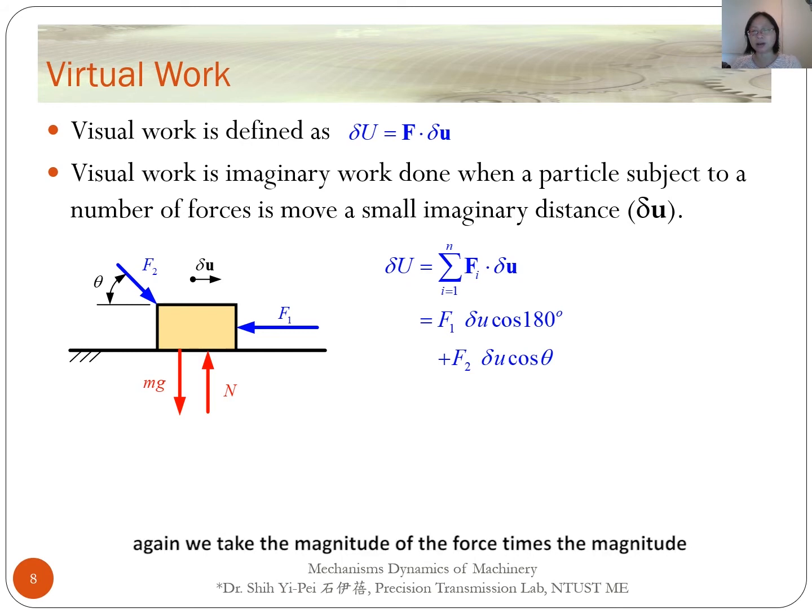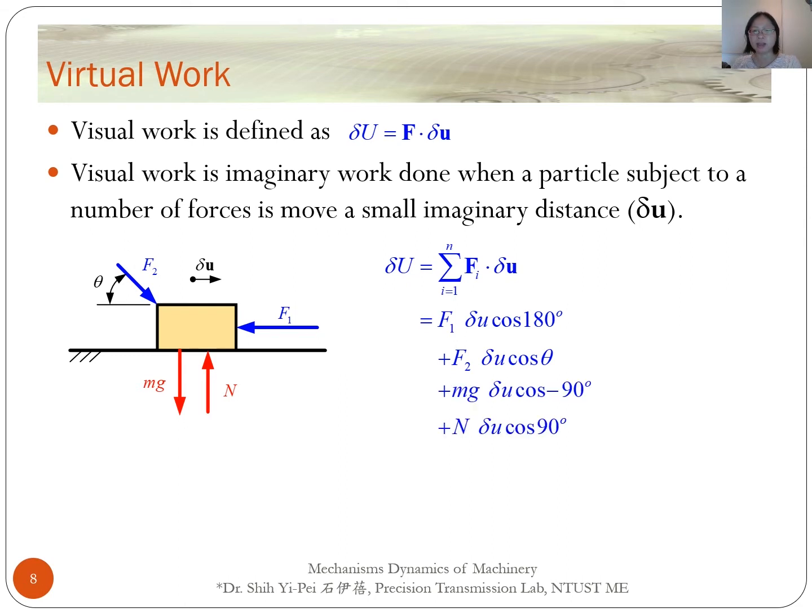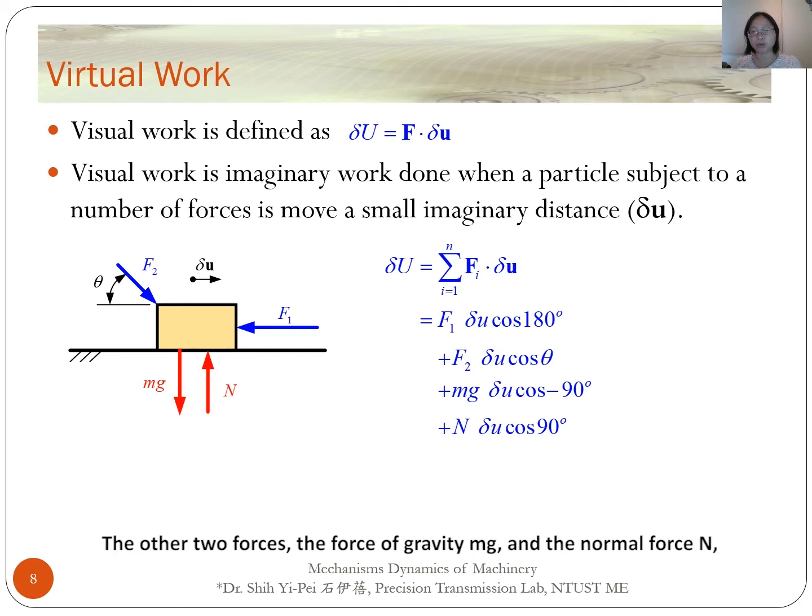Again, we take the magnitude of the force times the magnitude of the displacement and times the cosine of theta. The other two forces, the force of gravity mg and the normal force N, both forces are perpendicular to the path, so no work will be done.